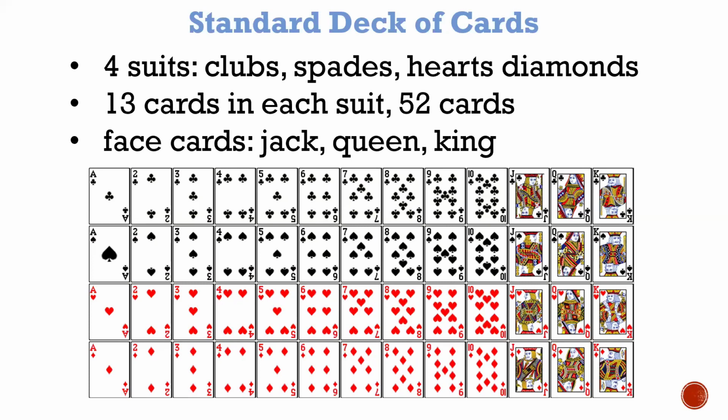There are 13 cards in each suit. Instead of a 1, it's an ace, and then it counts up to 10. And then there are 3 face cards in each suit, the jack, the queen, and the king. So these 12 are what we call face cards.